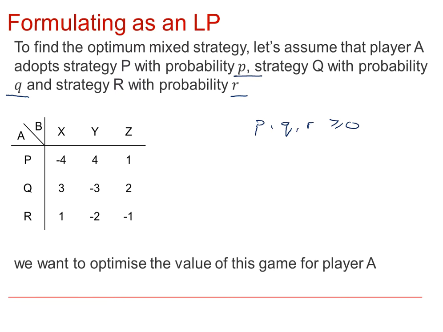Because each player must play one or other of the three strategies, for player A, we know that p plus q plus r must sum to 1. So we need to find p, q and r such that the value for A is maximised, because we want to optimise the value of this game for player A, noting again that the payoff matrix shows the game from the point of view of A.